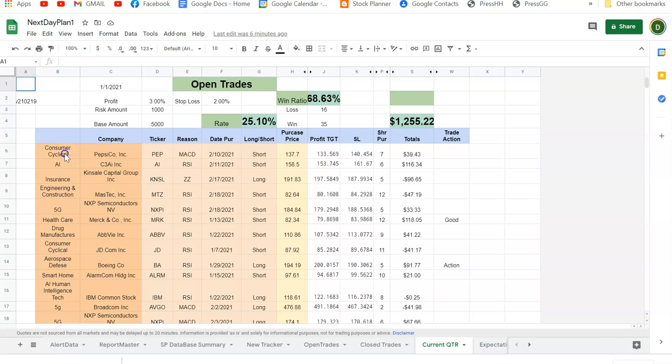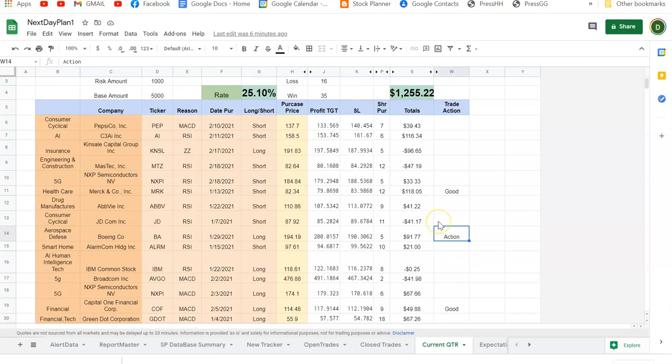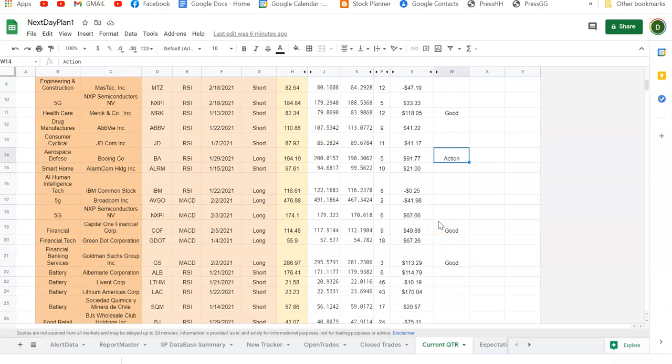It's filtered. And for the quarter, we have a 25% rate for the quarter. As you multiply that times 4, you get a 90 or 100% annual. That's pretty good. And then the nice thing about it is I have this whether to take action. And that means the trend has reversed. And you may want to look at it.